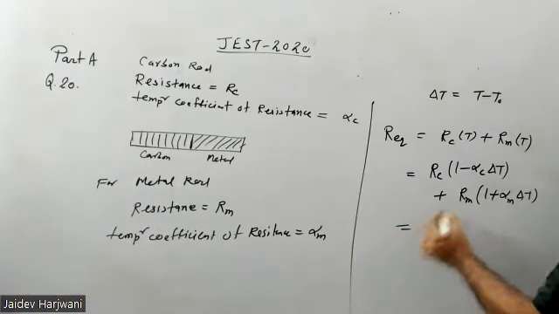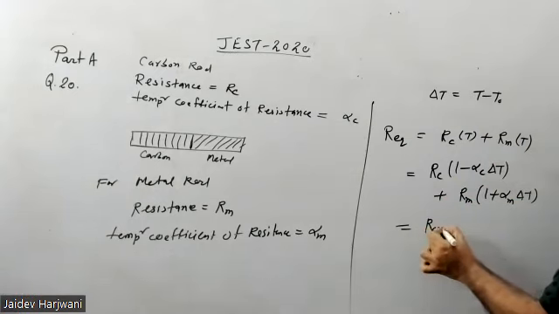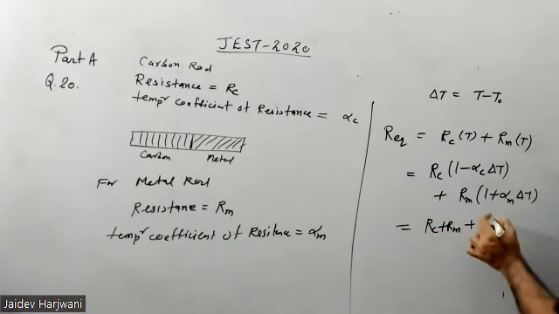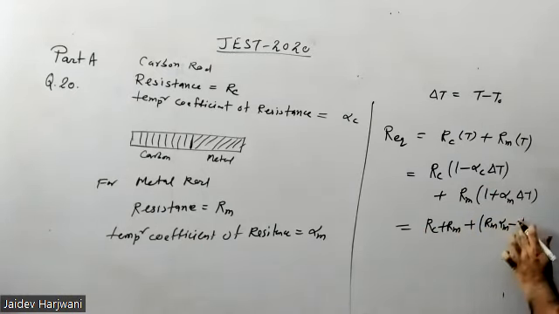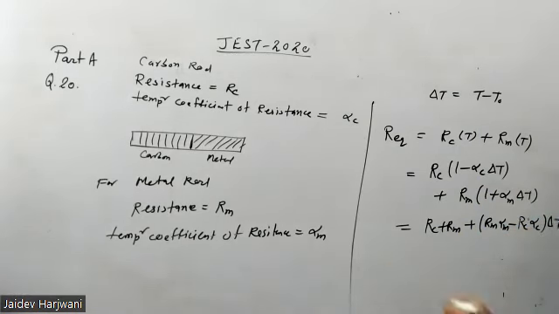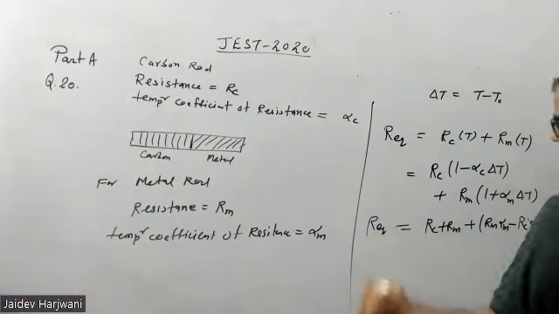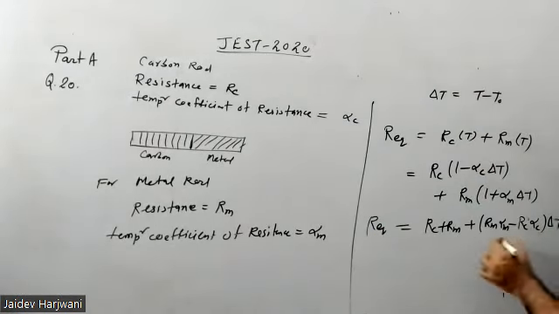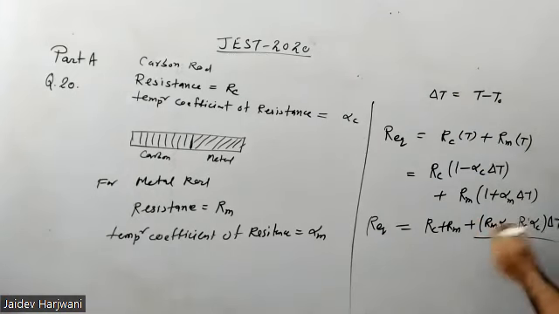Now if you write the equivalent resistance, this becomes RC plus Rm, and if I take delta T common, this will become Rm alpha m minus RC alpha C, times delta T. This is my equivalent resistance. If it has to become independent of temperature, then this coefficient has to be 0. We cannot make delta T 0 because we are changing the temperature, so this coefficient should be 0.